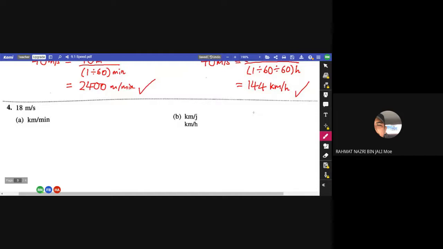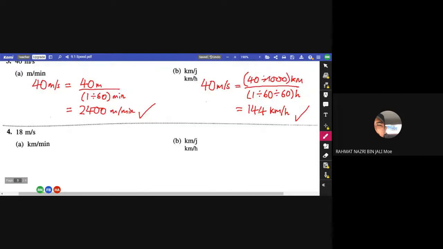Okay, next one, question number 4. 18 meter per second, convert it to kilometer per minute. So the smaller unit convert to the bigger unit, we have to divide it.